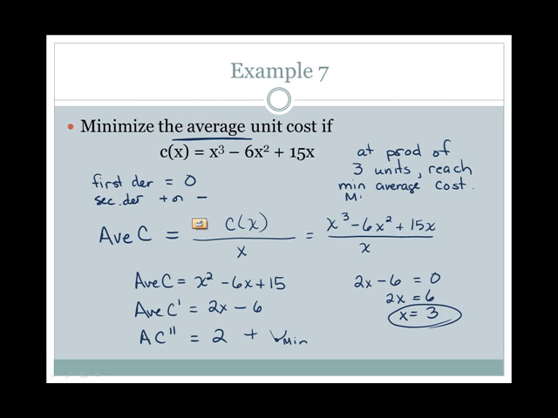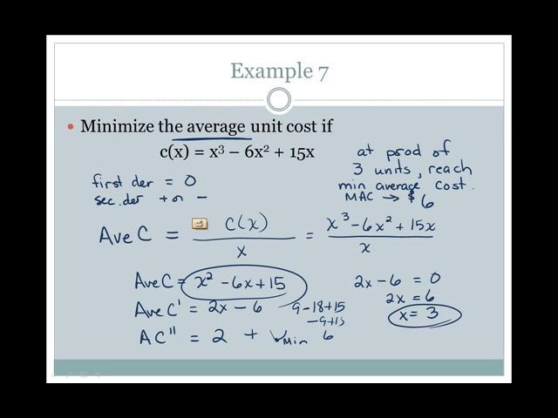And the minimum average cost, I'm just abbreviating there, is a dollar amount. To find that, we simply have to plug 3 right into there. So we get 9 minus 18 plus 15. So we get negative 9 plus 15, so we get 6.